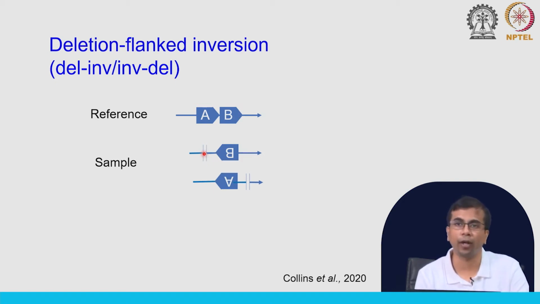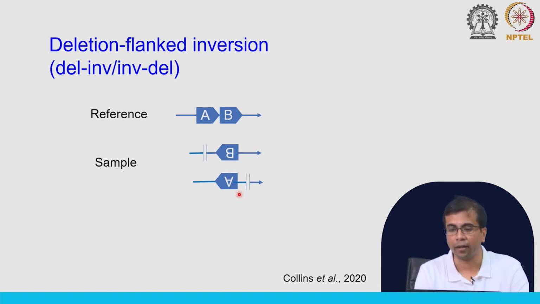Okay. So, you have one deletion event and one inversion event. You see deletion of gene A or region A here and inversion of region B, and in this case you have inversion of region A and deletion of region B. Okay. So, this is another type of complex SV.